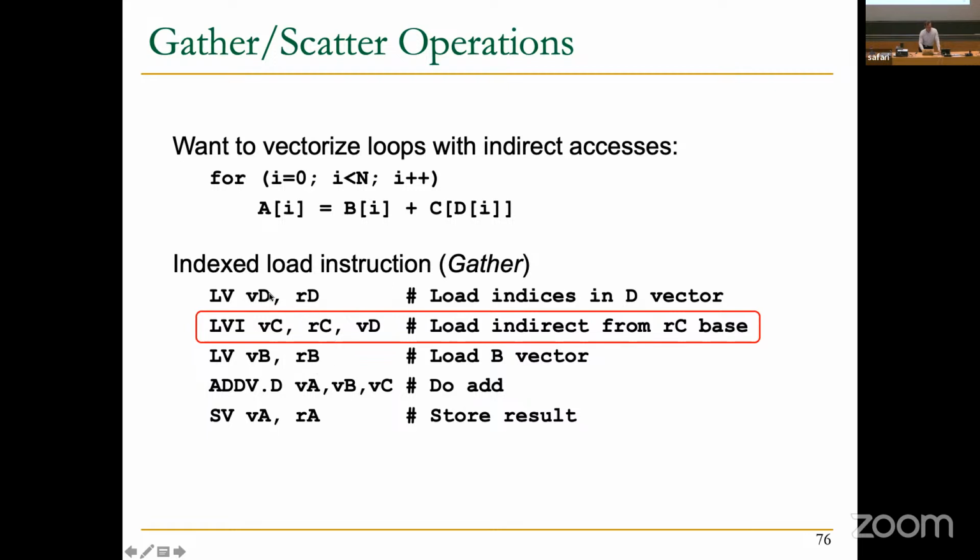Here you have a vector of indices specified by D, and then we do a load indirect where you take RC and add the index to it, for each element of this vector, and then load it into consecutive elements of vector C over here, okay? And then you can do the rest. The rest is easier, of course; it's what we have seen. This is the different part, basically. You need to load the indices, and then you do a load indirect.